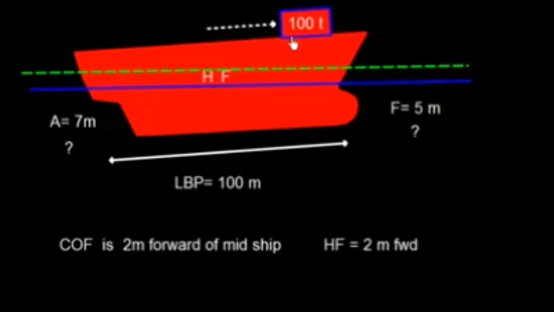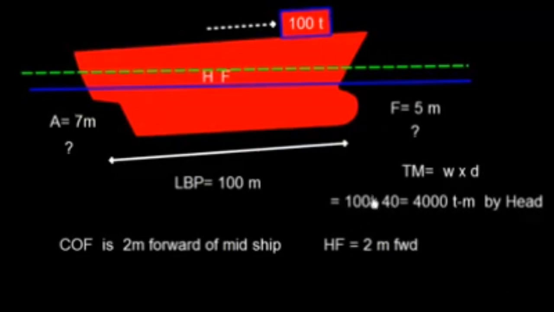Now let us work on trimming moment. Well, trimming moment is W into D, where W is the weight and D is the distance from center of flotation. And we take this center of flotation simply because F is the pivot point. Center of flotation is the point about which the ship has to trim.